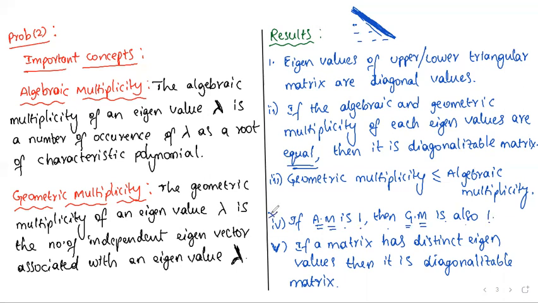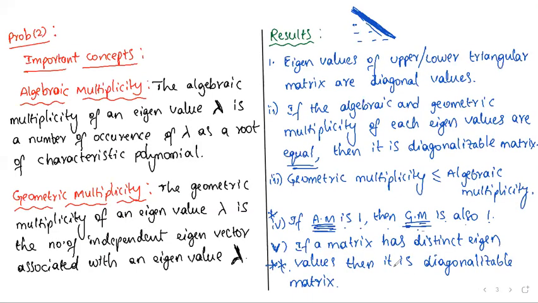This is a very important point. AM means algebraic multiplicity, GM means geometric multiplicity. If a matrix has distinct eigenvalues, then it is a diagonalizable matrix. By using these conditions, we solve this problem.